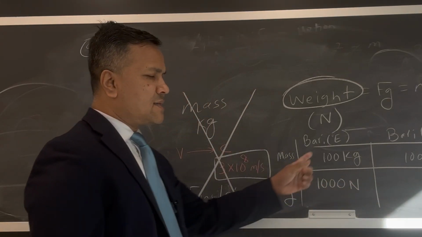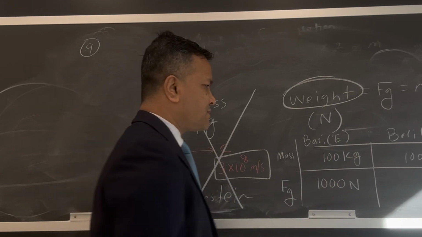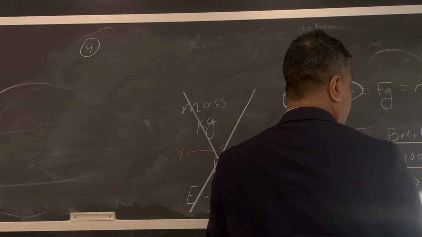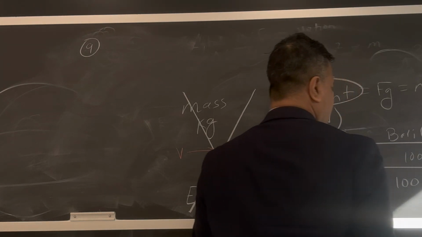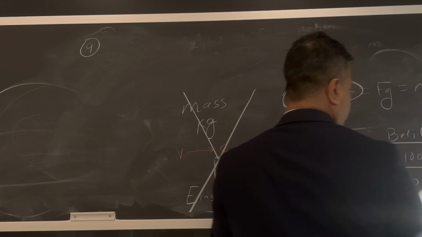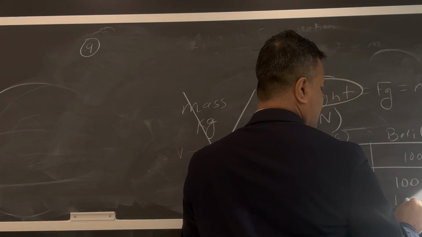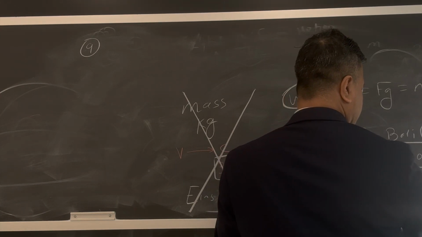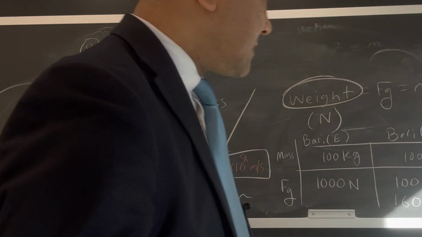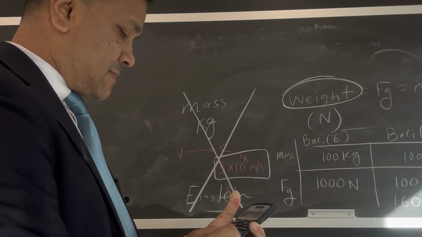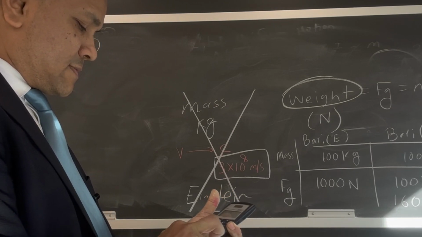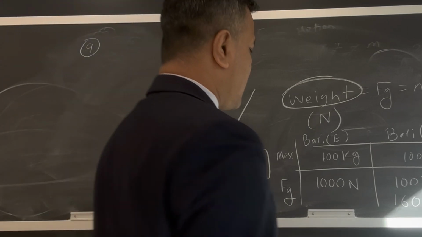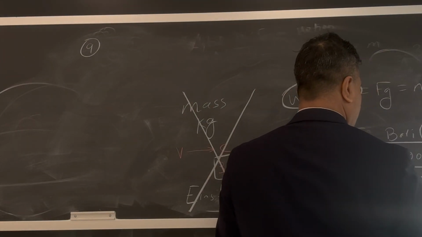How is that? 100 times 10, acceleration due to gravity. On the moon, 100 times not 10, 100 times 1.6, and that would be 1600 Newton.